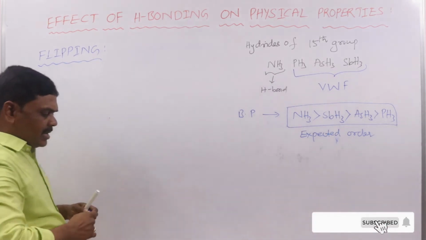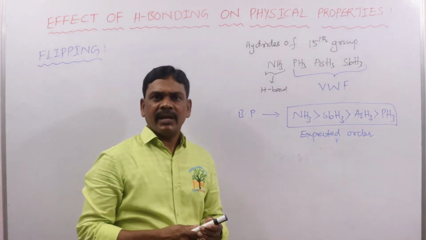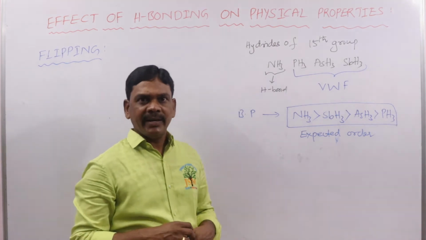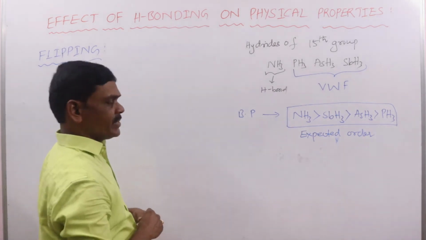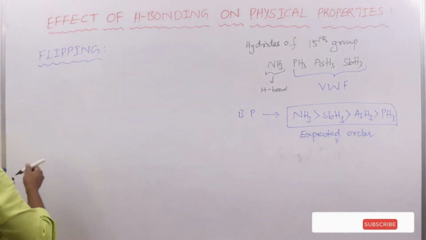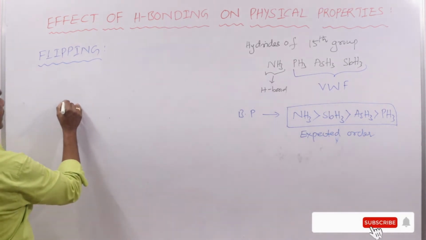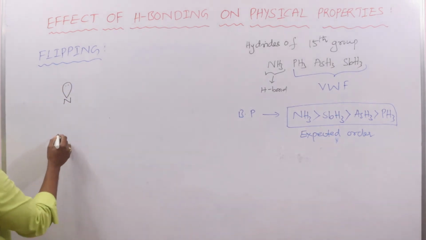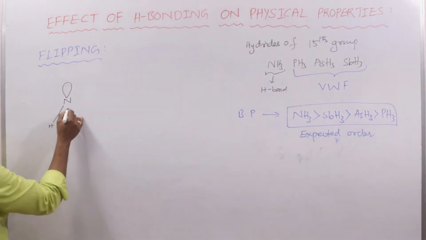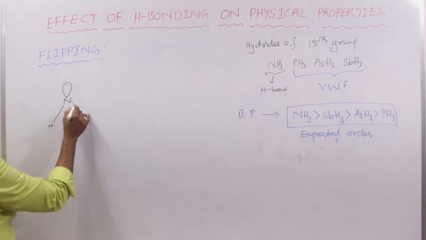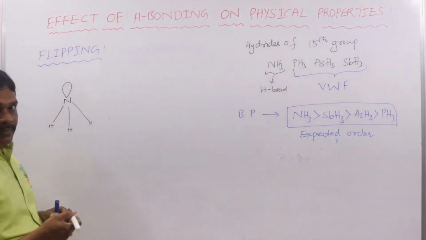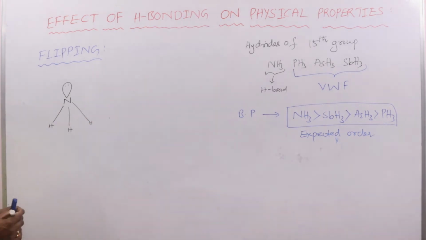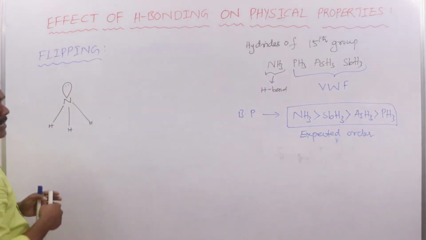This phenomenon takes place in ammonia in the liquid state only. We know the structure of ammonia: nitrogen has one lone pair, and first, second, and third hydrogens. What is the meaning of flipping?